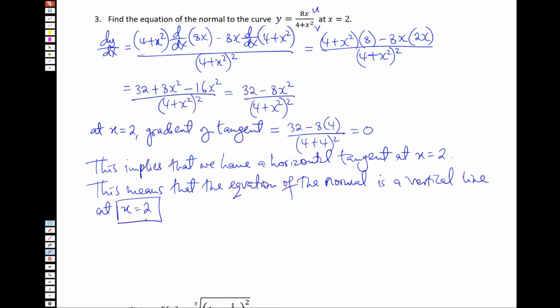So basically that is the equation of the normal, because it's a vertical line which is perpendicular to a horizontal line, and it occurs at x equals 2.